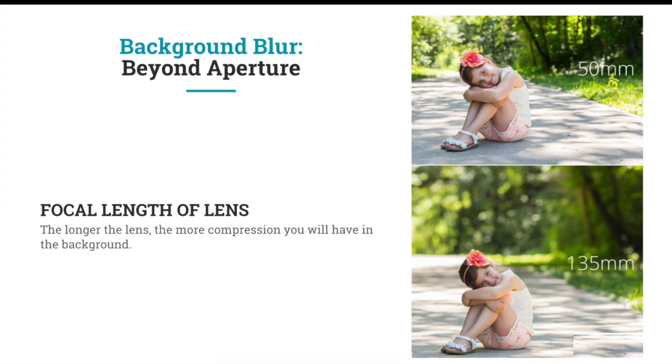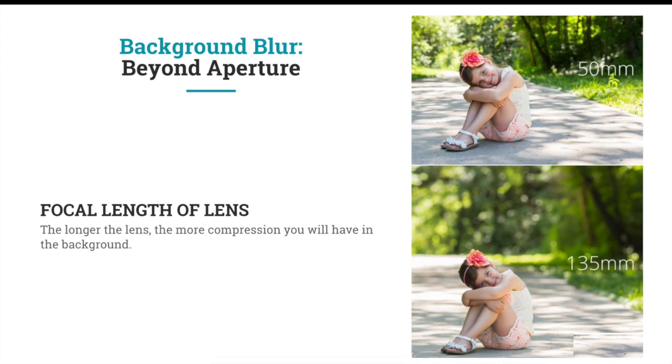The image at the top was taken with a 50 millimeter lens. The image on the bottom, the child here did not move, but you can see that that image taken with a 135 millimeter, so a longer lens, has more compression, more blur in that background.